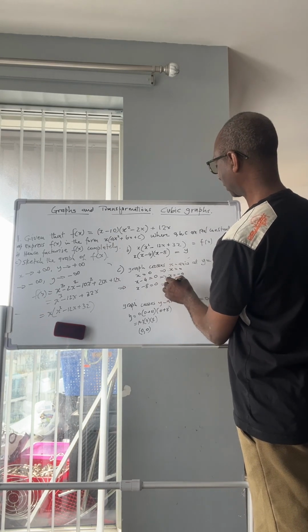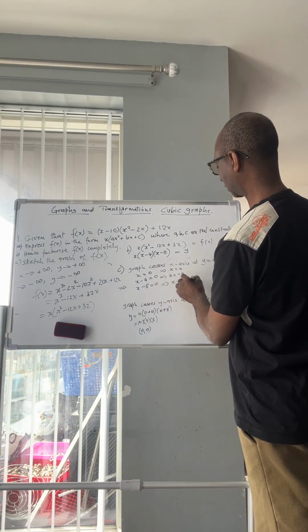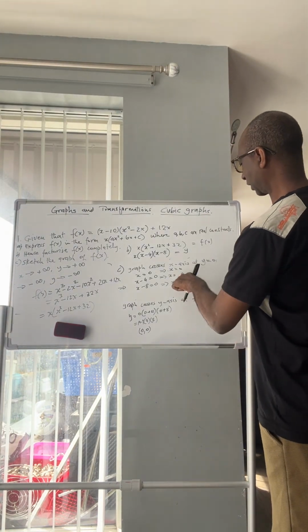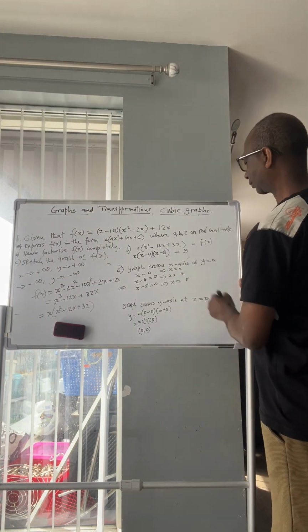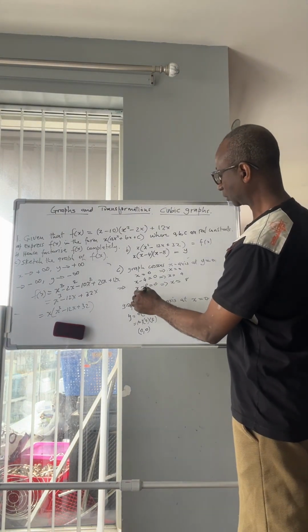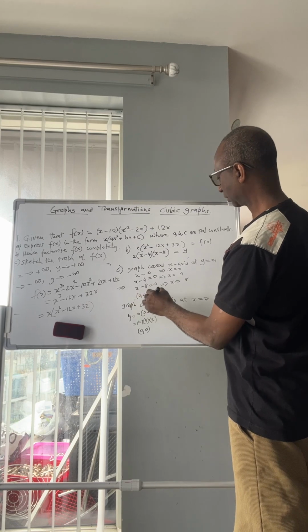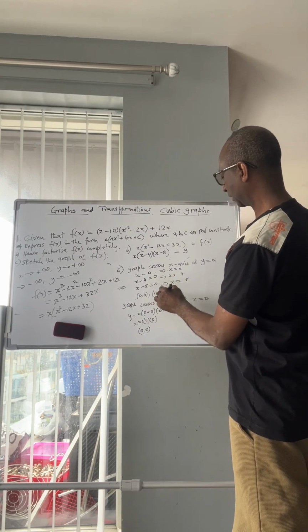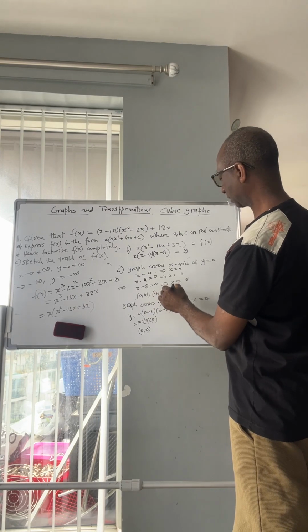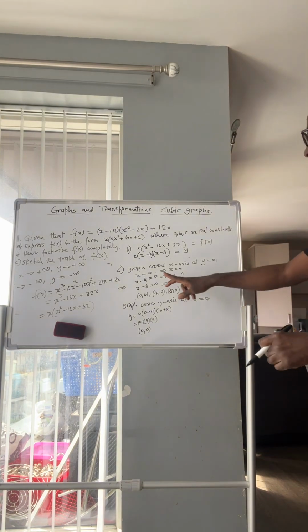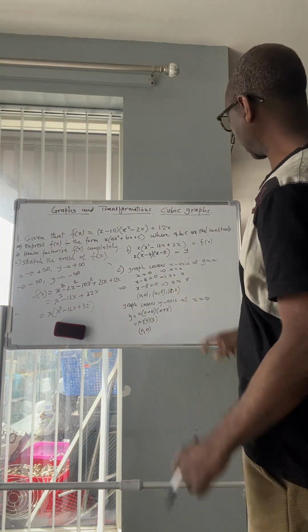This implies x equals 8. So if you want to write them in coordinate form, it's going to be 0, 0, then 4, 0, then 8, 0. That is where the graph crosses the x-axis.